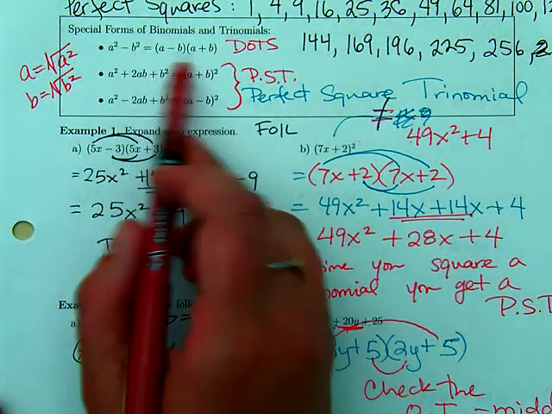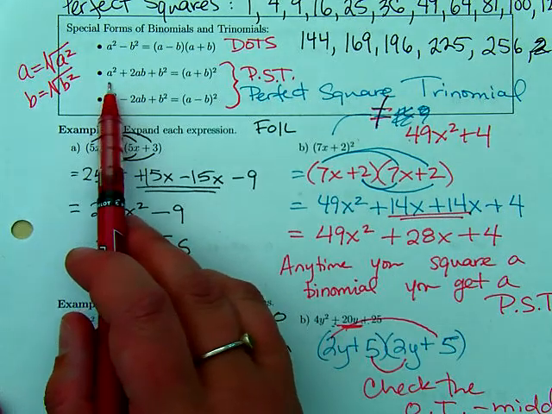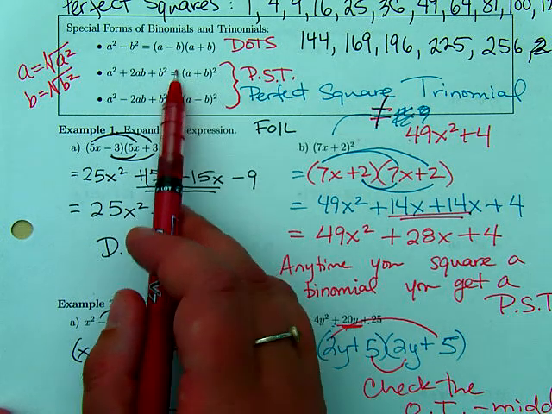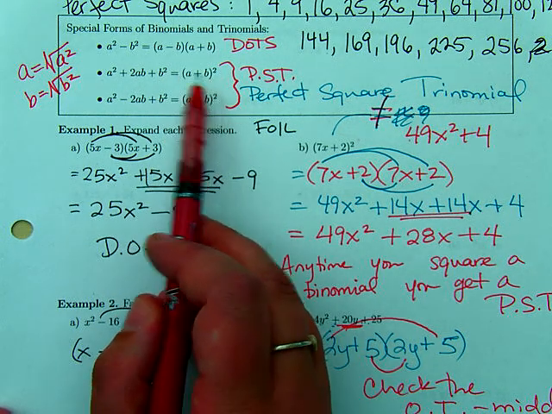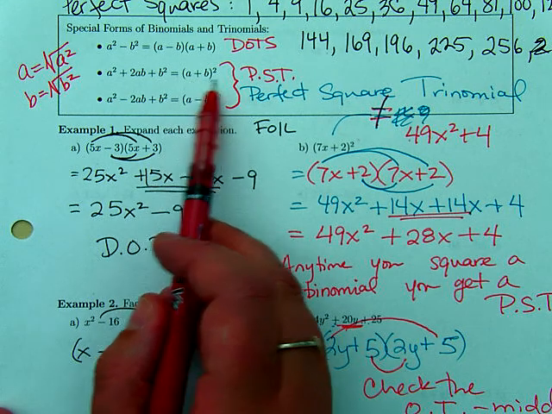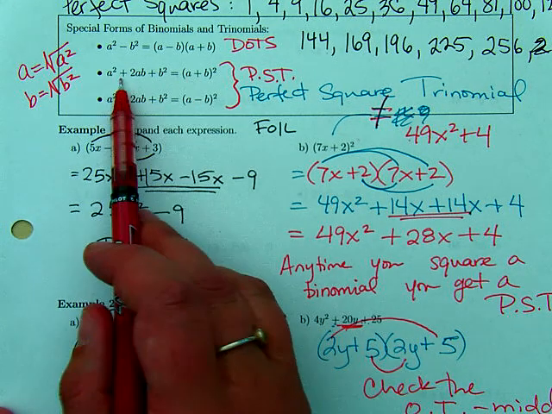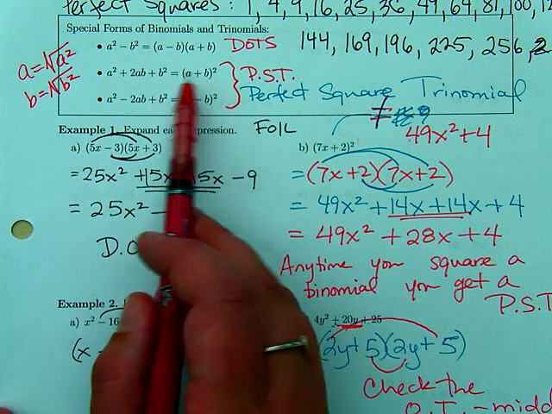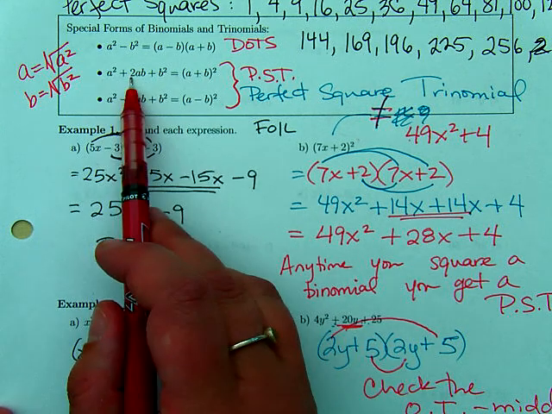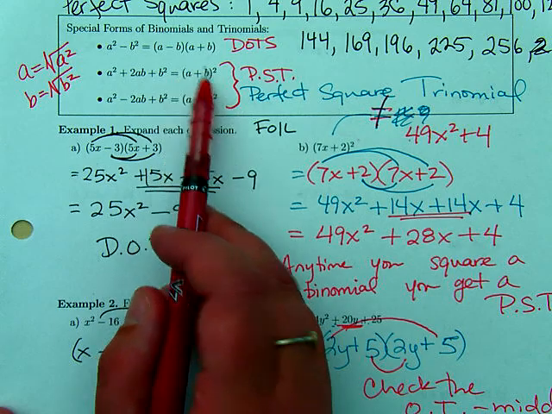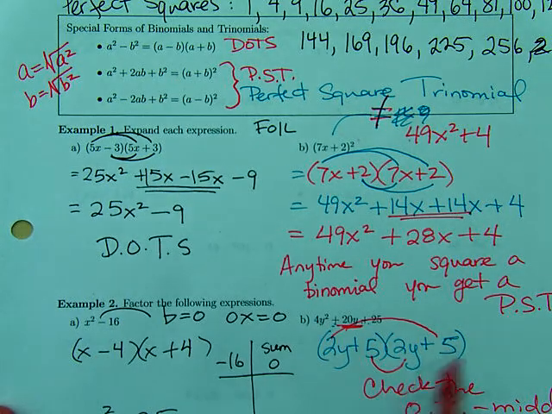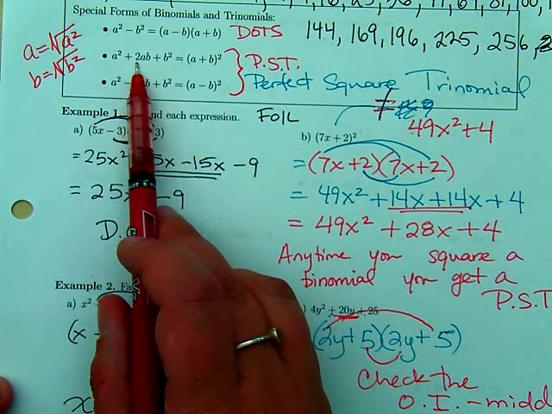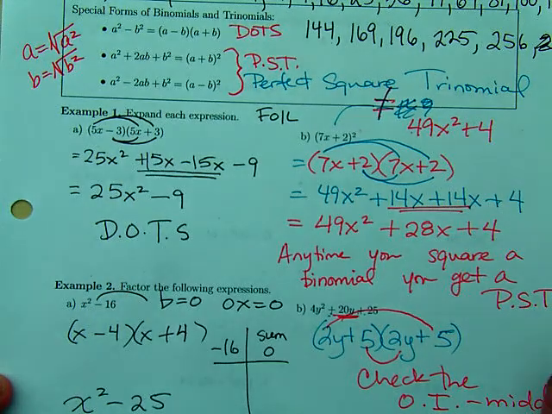So that's where we're getting those a's and b's from. If you look at the trinomial, it's saying that if I FOIL a binomial, if I square a binomial and I FOIL it, it's always going to be a squared. So we're going to square the first number, square the second number, and then have 2 of a times b. That's the outside inside. We have 2 of the outside inside. So that's where that 2ab comes from in that formula.